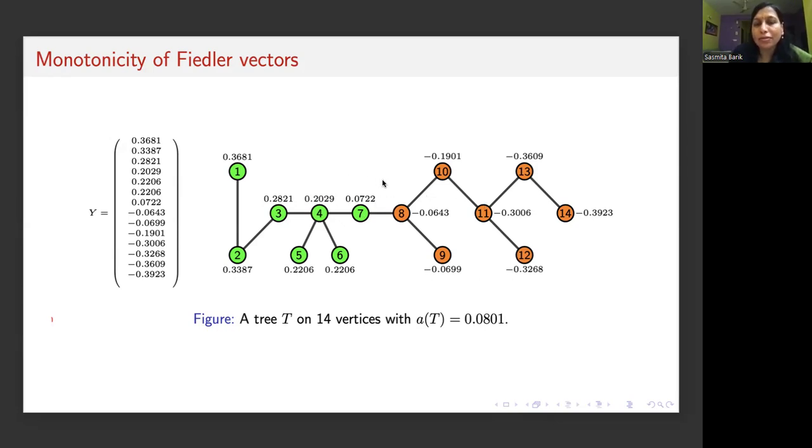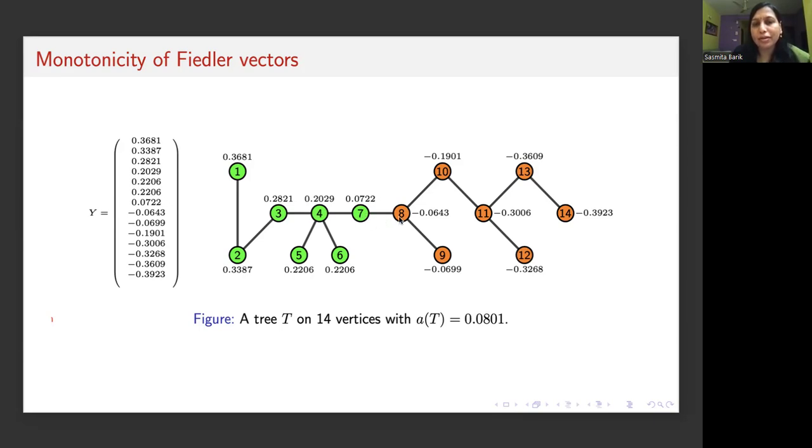So if there is no zero vertex, all positive vertices are connected and all negative vertices are connected. That way you can observe that the characteristic edge lies in the middle of the tree. I cannot say it's exactly in the center, but it's towards the center. It depends on the tree structure, but it will lie in the middle.